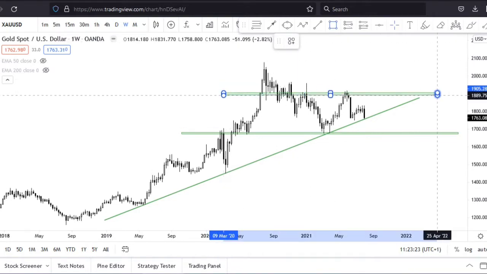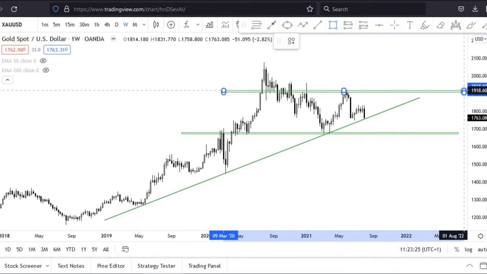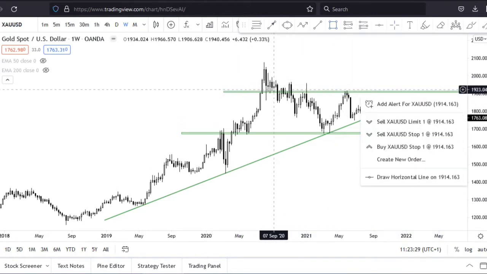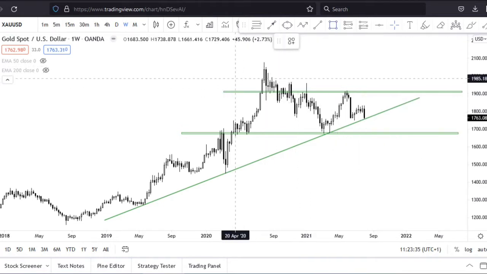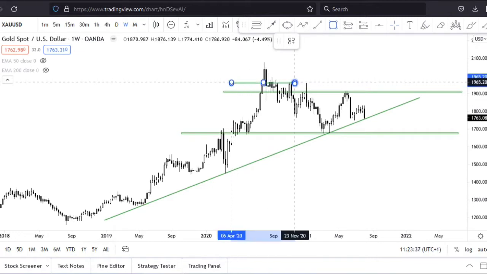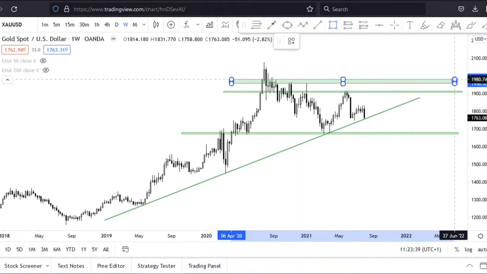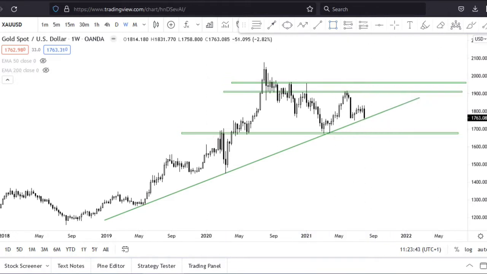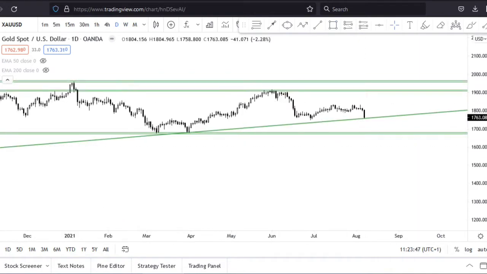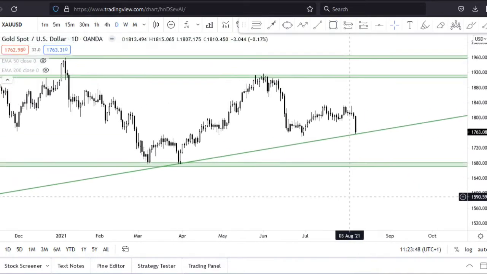This is the last area of resistance over here, that has been tested several times as well. Came out of it up to this area, which is also another one that we'll be looking at. So after identifying these key areas, then we'll go to our smaller time frame where we can identify more key areas and we can take more trades from there.